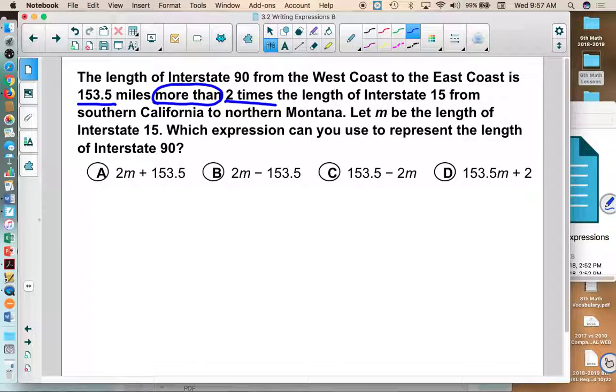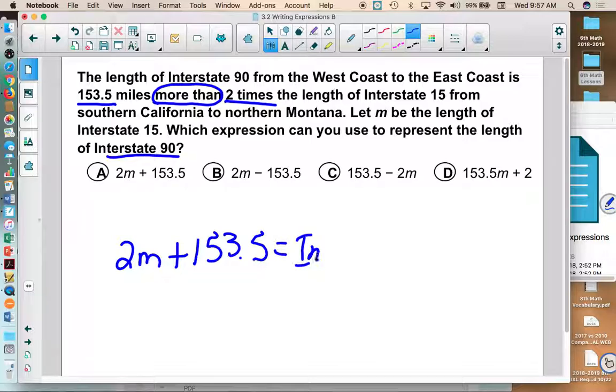So for me, I look at this and I say, well, 153 more than 2 times the length of 15, and M is 15, so 2M plus 153.5 is going to give me Interstate 90. Do you agree? Yeah. That's the way I would write it.